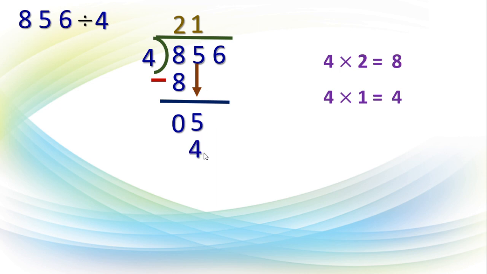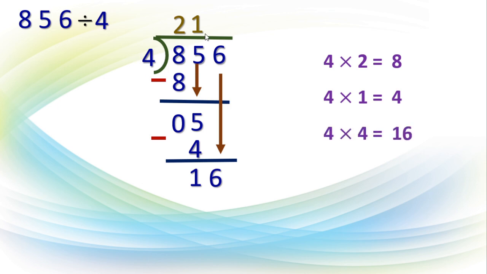Now 4 ones are 4, correct? Here again 5 minus 4 is equal to how much? 1. Now 1 is smaller than 4, so we will take this 6 down. Now it became 16, isn't it? Now 4 4s are 16. We know this.